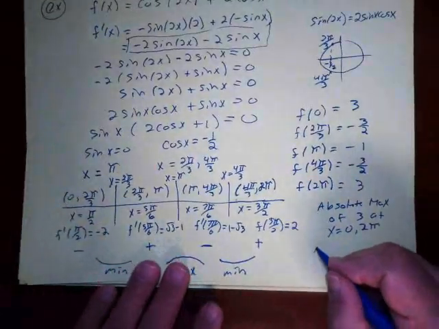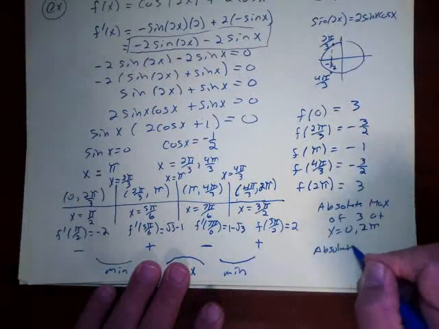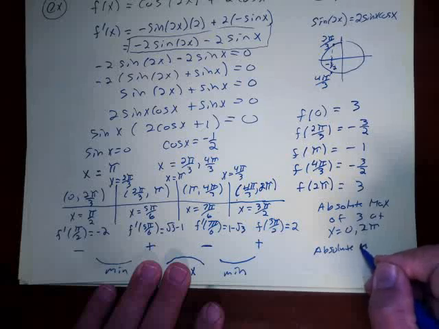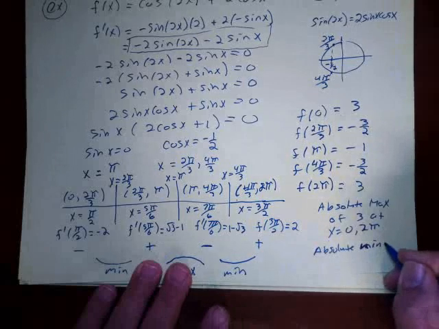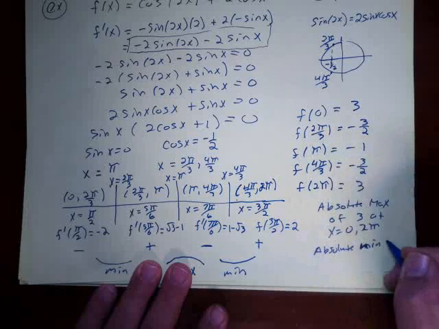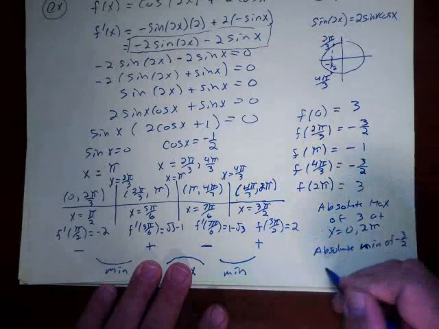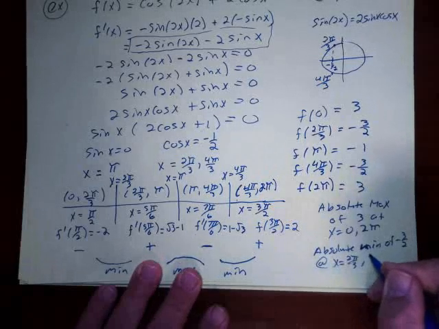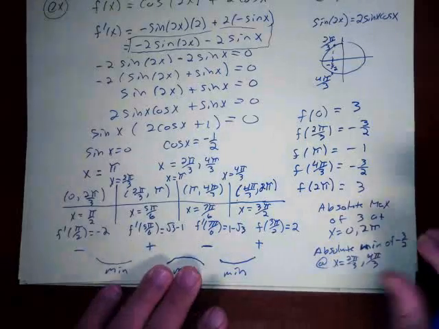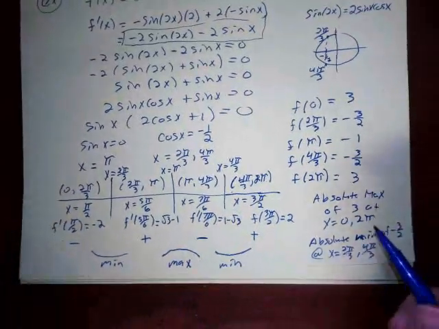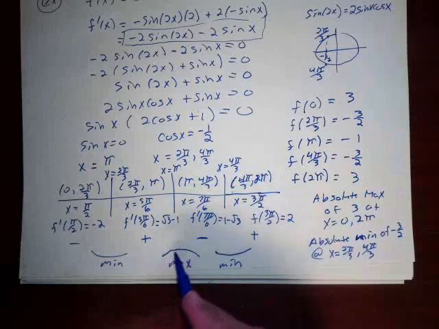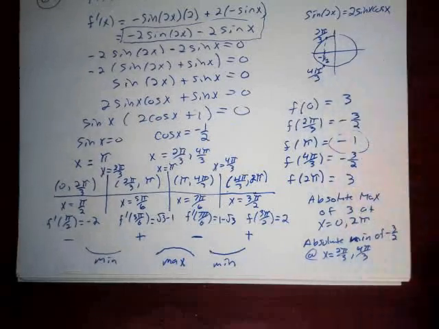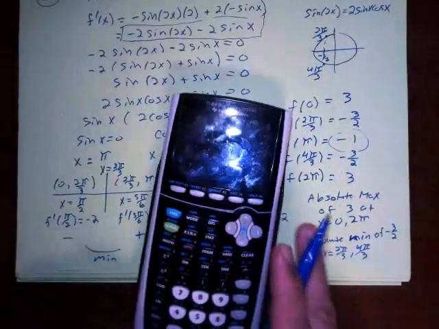And then absolute min of -3/2 at x equals 2 pi over 3 and 4 pi over 3. And then this pi here was a relative max, but it was not an absolute max. Okay, it was relative to the surrounding values.